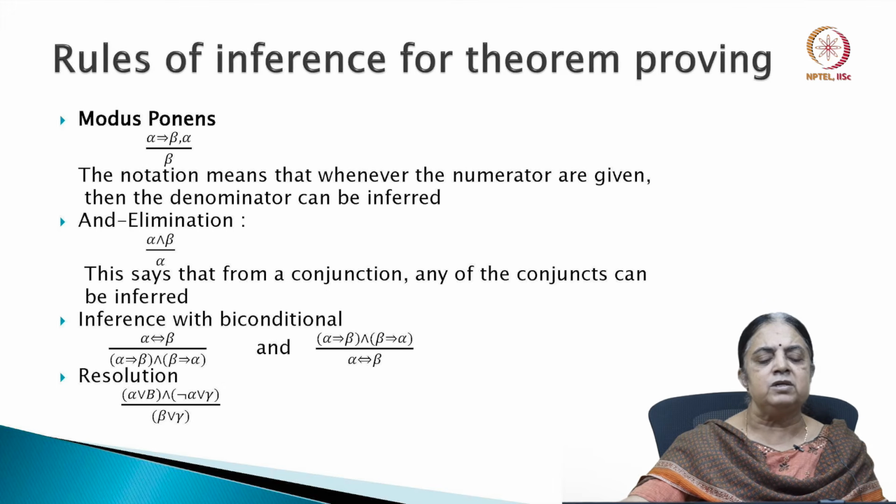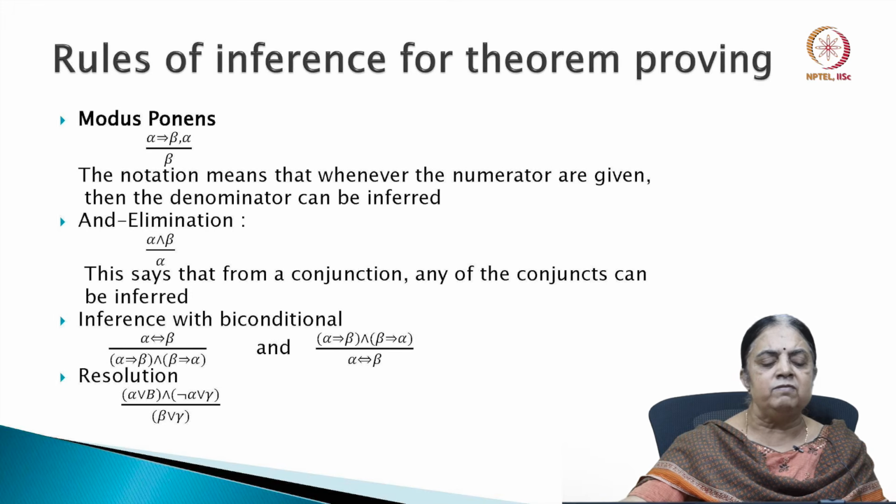A biconditional B means you can entail that A implies B and B implies A. And the other way around, if A implies B and B implies A, then you can entail A double implication B.